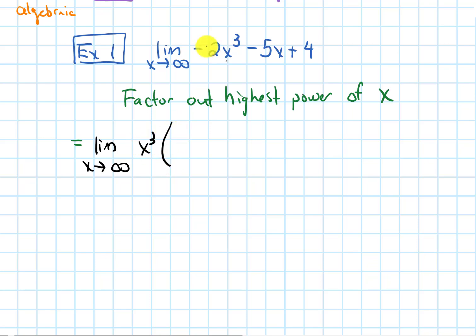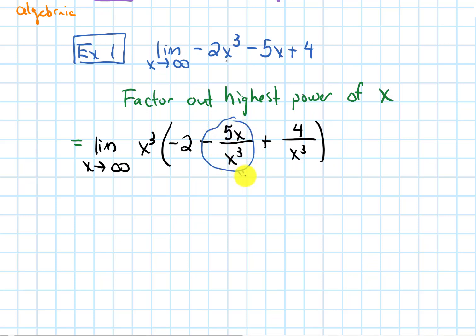When we do, we'll get a minus 2 first. And then we'll get minus 5x over x to the third. That's what I'll have if I factor out x cubed from the minus 5x. I just divide by x cubed. And then I'll get plus 4 over x cubed. Let's simplify that middle term.